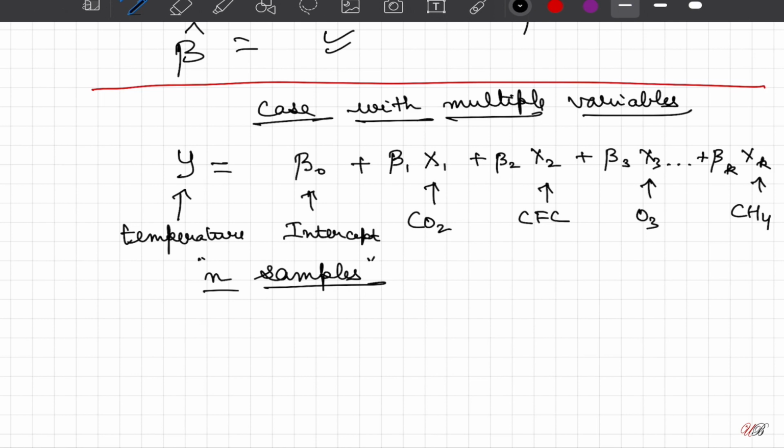So we have n samples to begin with, and hence we can say that y1 would be equal to beta naught plus beta 1 times the value of x1 on day 1 plus beta 2 times the value of x2 on day 1, up to beta k times the value of xk on day 1.